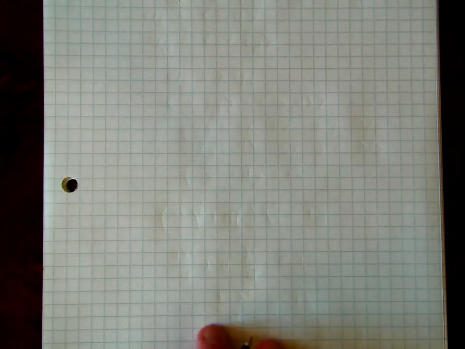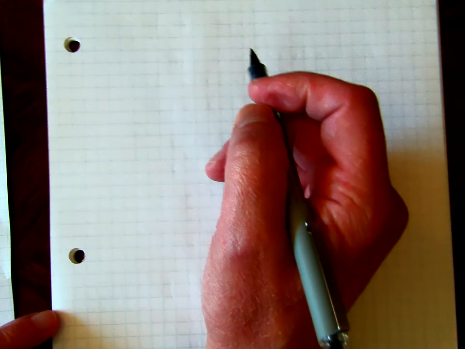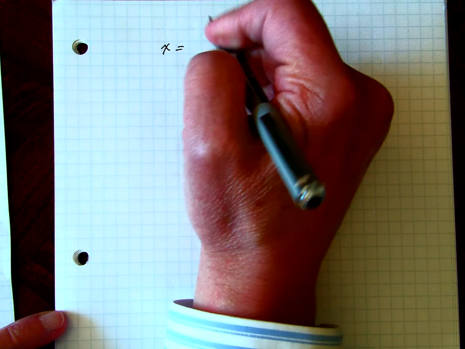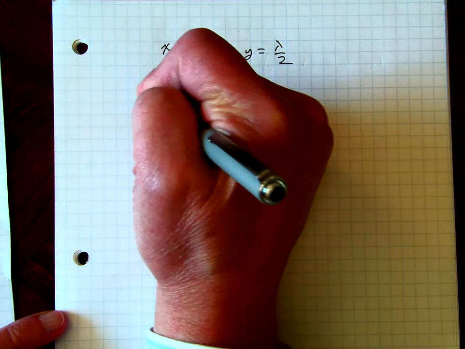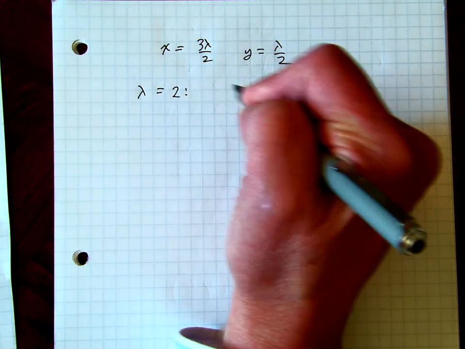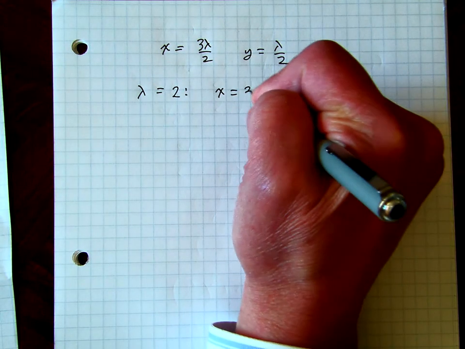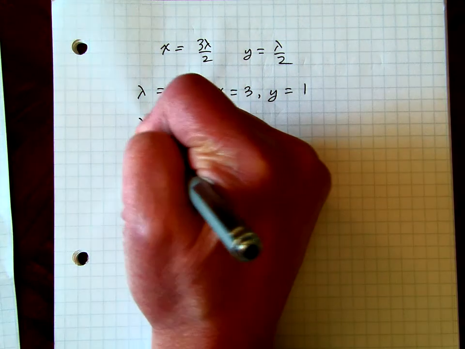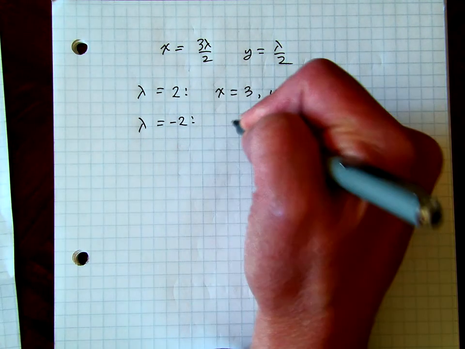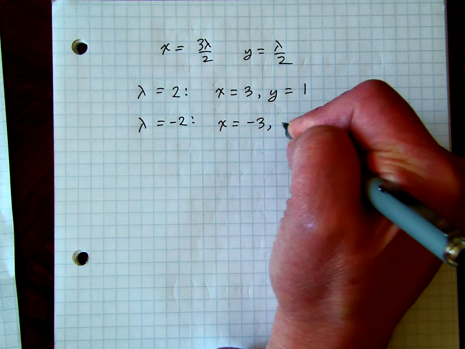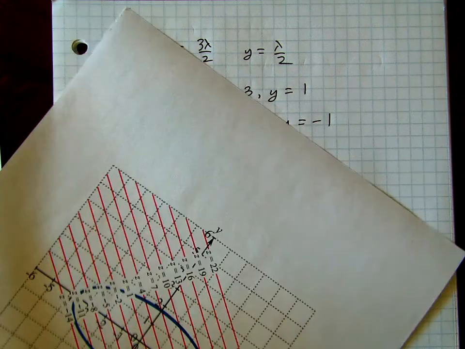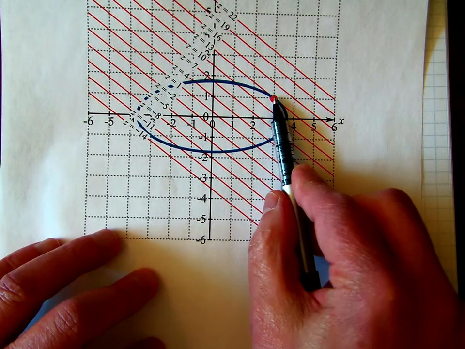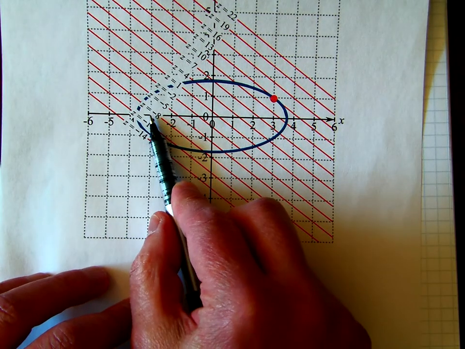If we go back to our conditions, remember, x was 3 lambda over 2, and y was lambda over 2, so lambda equal 2 says that x equals 3, y equals 1, and lambda equals negative 2 says x equals negative 3, and y equals negative 1. If we go back to the illustration, there we are at 3, 1, and here we are at negative 3, negative 1.